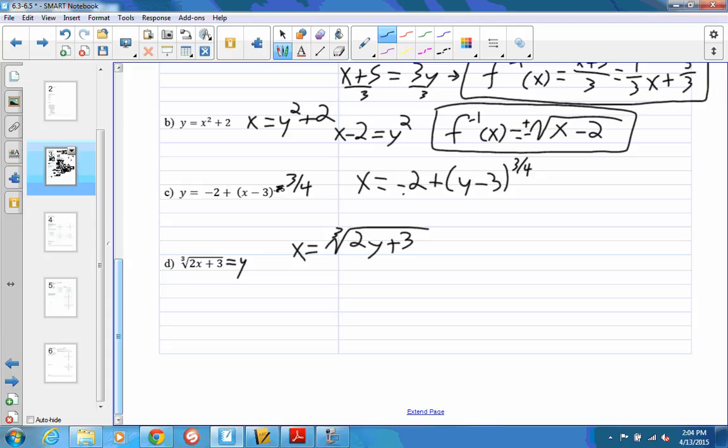Both sides get cubed. If I cube a cube root, the cube root goes away. And don't forget, I want to solve for y. So minus 3.